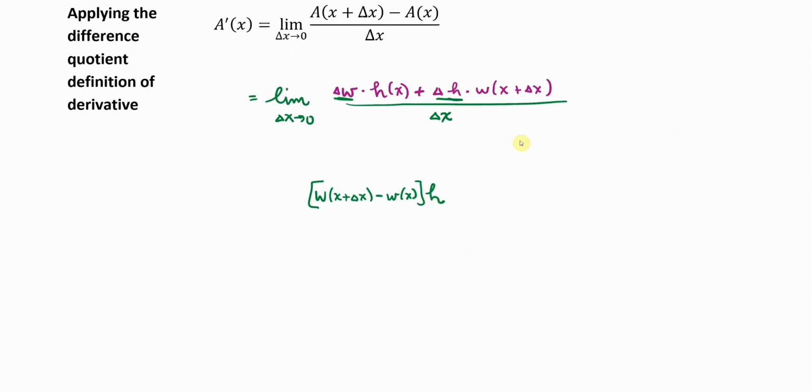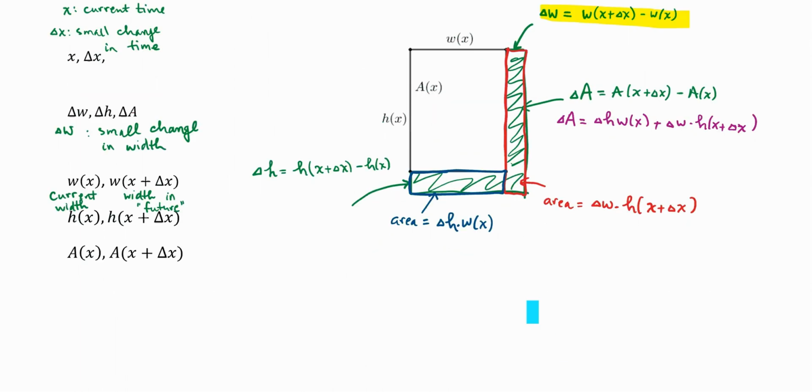Okay. Similarly, what is delta H? Well, delta H is right here. Delta H is nothing more than H of x plus delta x minus H of x.